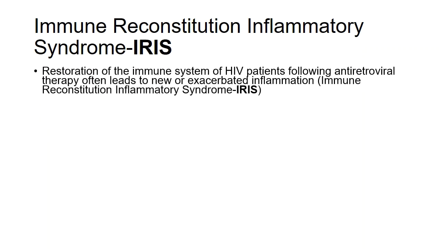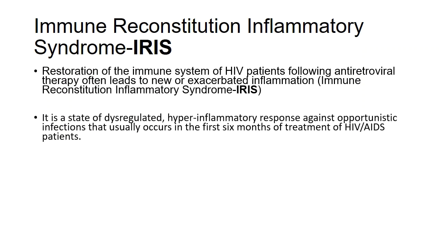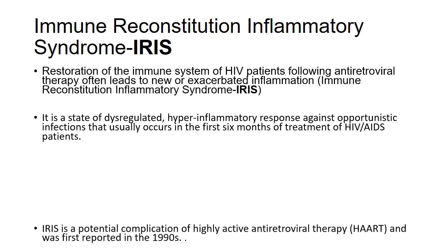So now coming to immune reconstitution inflammatory syndrome. Restoration of the immune system of HIV patients using antiretroviral therapy often leads to new or exacerbated inflammation, which is called IRIS. It is a state of dysregulated hyperinflammatory response against opportunistic infections that occurs in the first 6 months of treatment of HIV or AIDS patients.